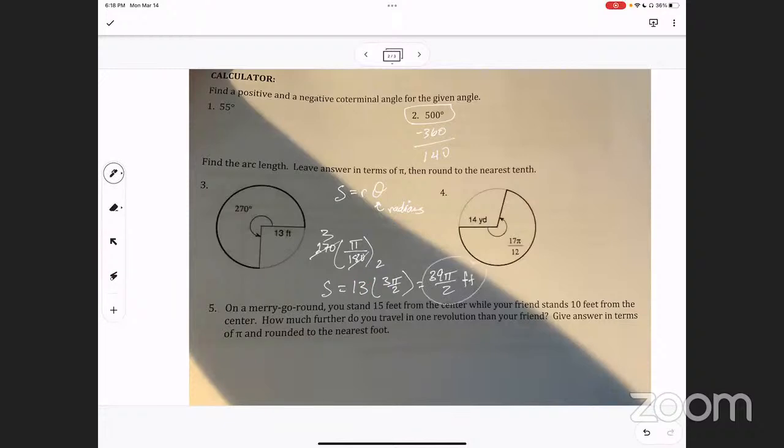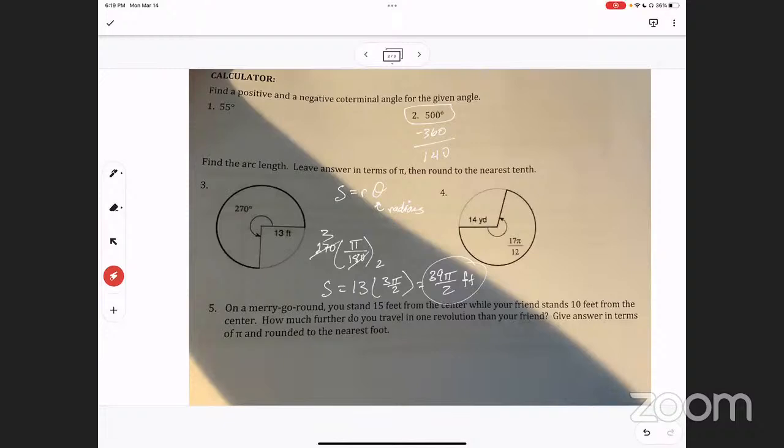Okay. Hey, is 39 over 2 simplified? No. Why do you think it's not? Because 39 is weird, it doesn't have any friends. So it is simplified. Yes.